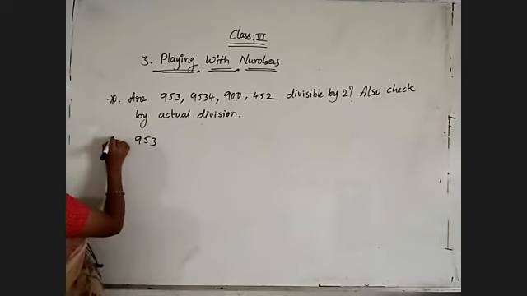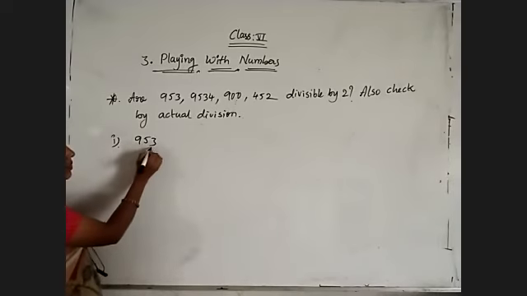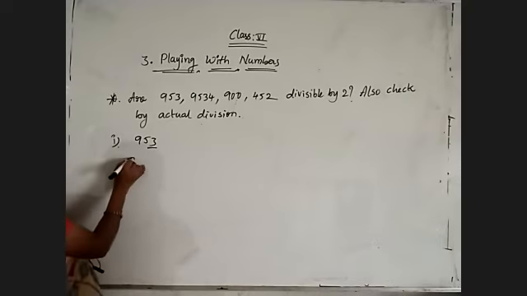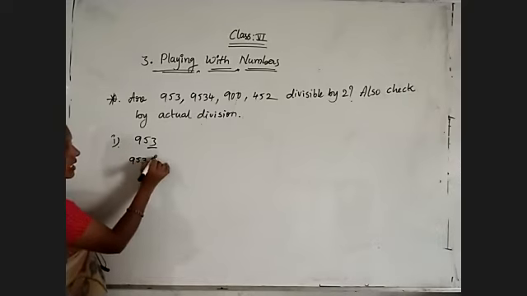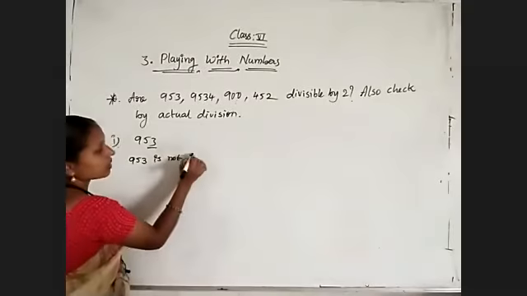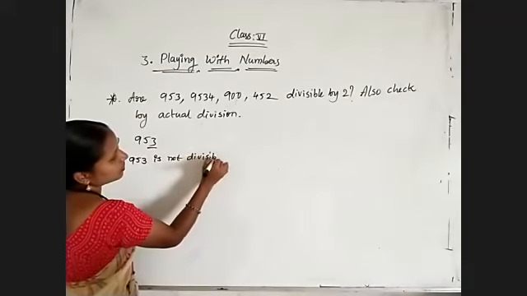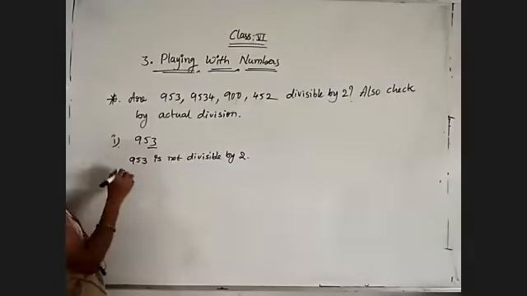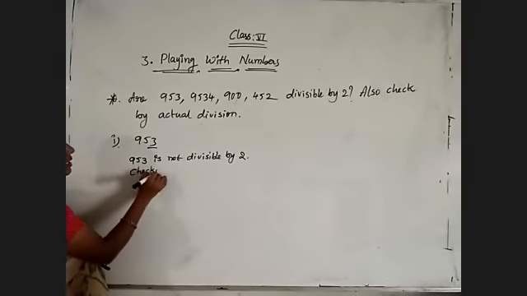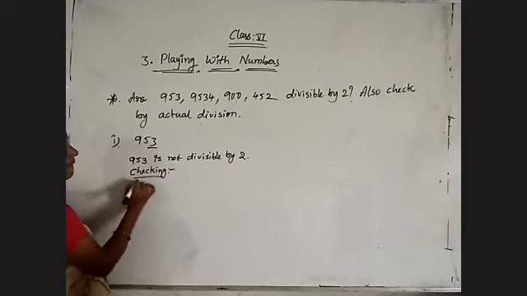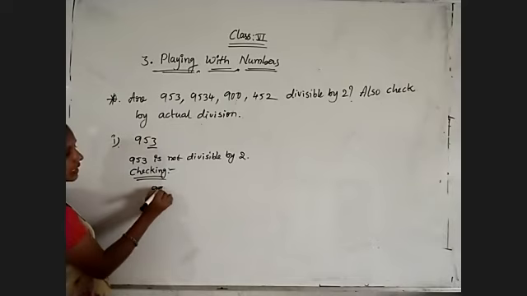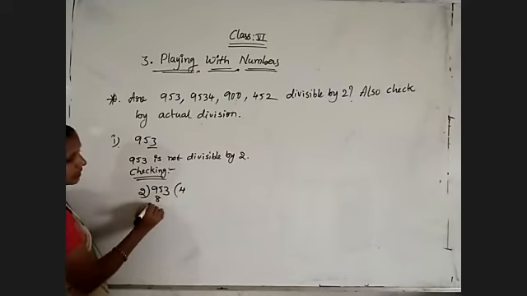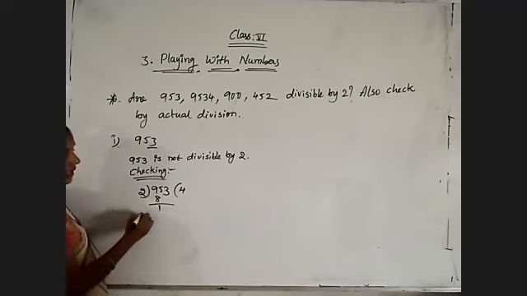953. My first number is 953. So observe its units place, 3 I have. Is that divisible by 2? So 953 is not divisible by 2. They are asking to check by actual division also. For checking, I am doing it. 953 divided by 2. 2 4s are 8. 1 is the remainder.